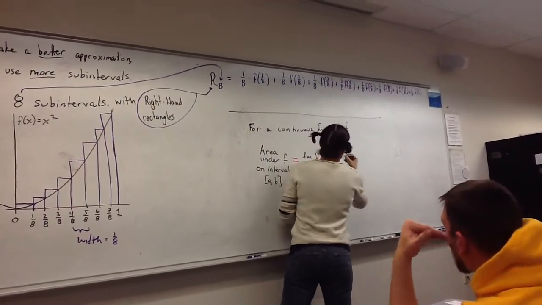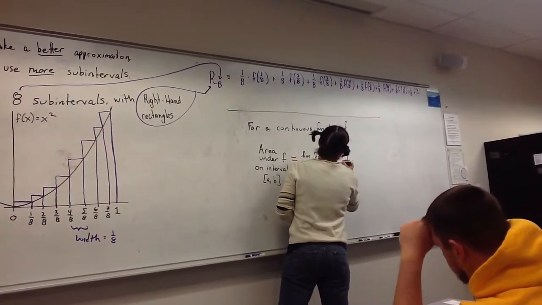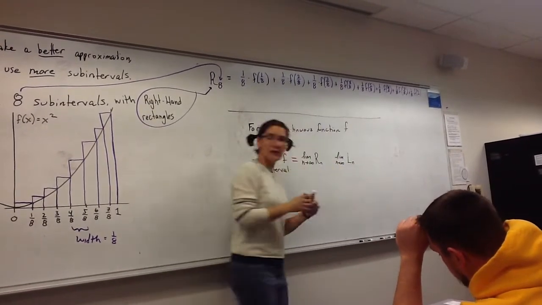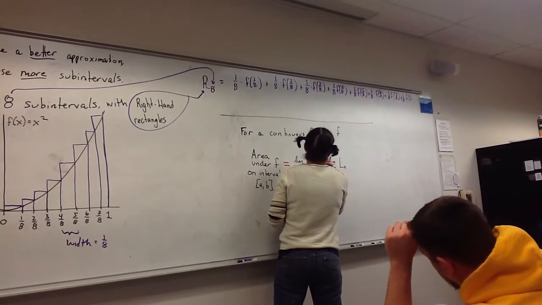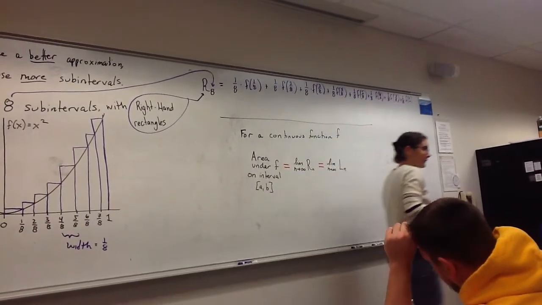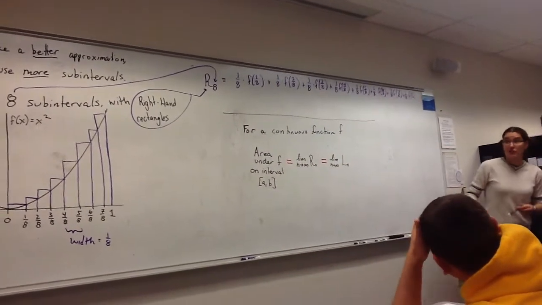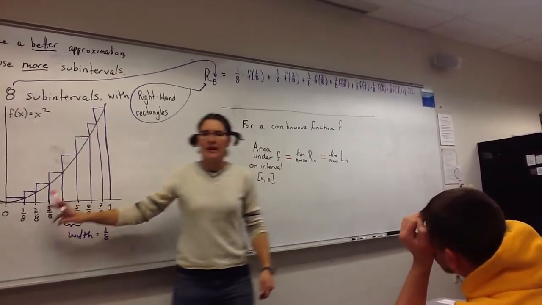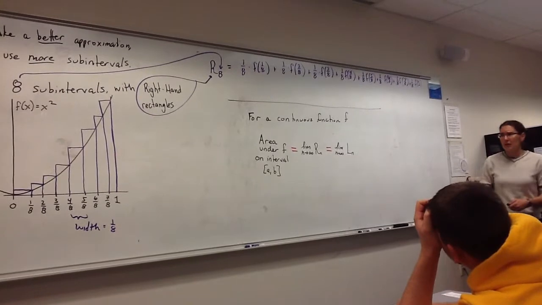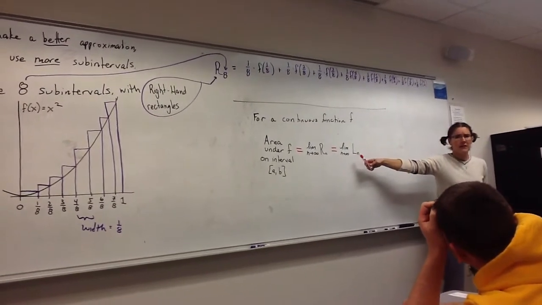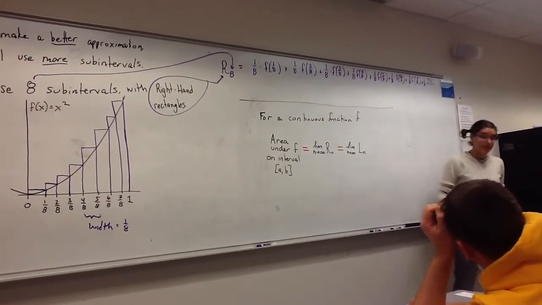And if I take the limit as n approaches infinity, and I'm using left-hand rectangles, I also get that exact same area. So we have approximations when the number of rectangles is 8 or 50 or 500 or 1,000 or 10,000, but if we allow n to go all the way to infinity, then we have an exact area.